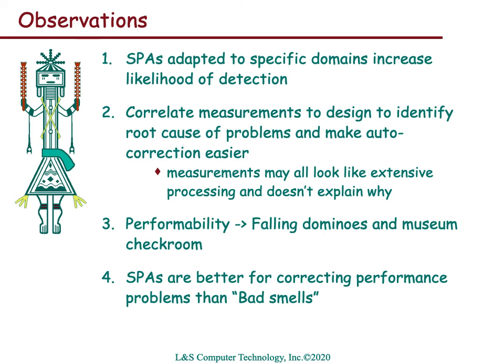Third, end-to-end performance matters, and so does performability, which is a combination of reliability and availability. Failing to do so may even lead to product failures, as in the spa example that I showed you. And lastly, bad smells are potential performance problems.